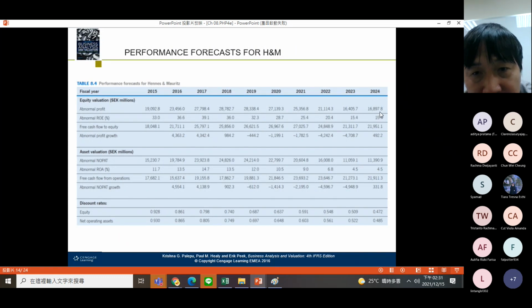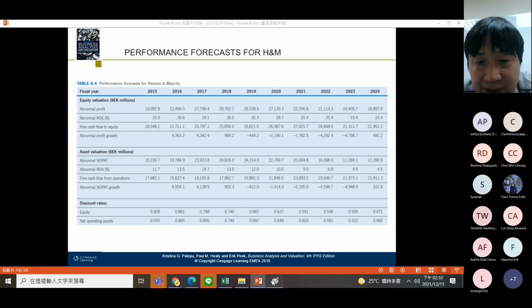You have to estimate the future cash flows for the 10 years, and one more thing is to estimate the terminal value at 2024. That is your last year.